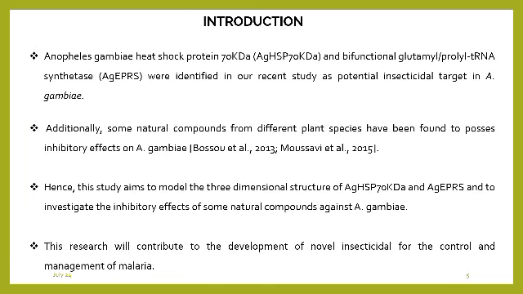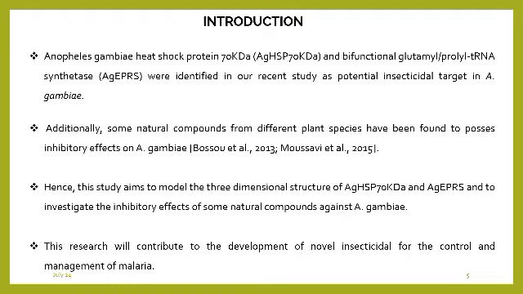Hence, one of our recent studies identified potential insecticidal targets, which are the heat shock protein 70 kD and bifunctional glutamyl-prolyl-tRNA synthetase. Additionally, some natural compounds from different plant species have been found to possess inhibitory effects on Anopheles gambiae.